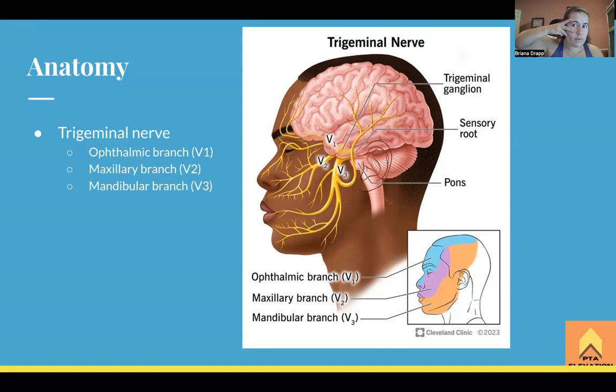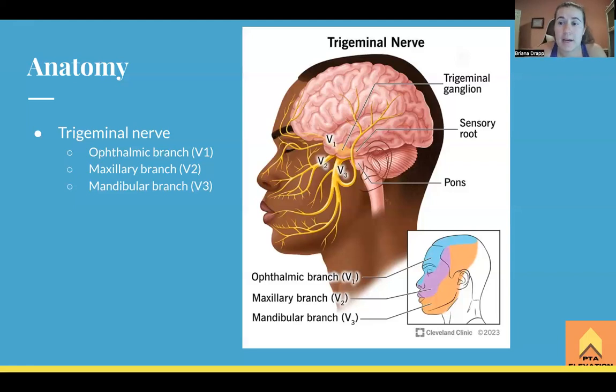Your V2, my middle finger, is going towards my nose, over my cheek, which is the maxillary branch because it's on your maxilla. And then the 3, my ring finger, is going down towards my jaw, which is the mandibular branch, V3. So that's a good way to remember the trigeminal nerve. You take your 3 in your hand, you put it on your face, 1, 2, 3.